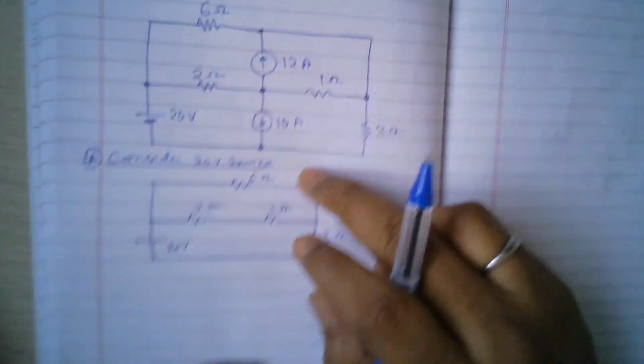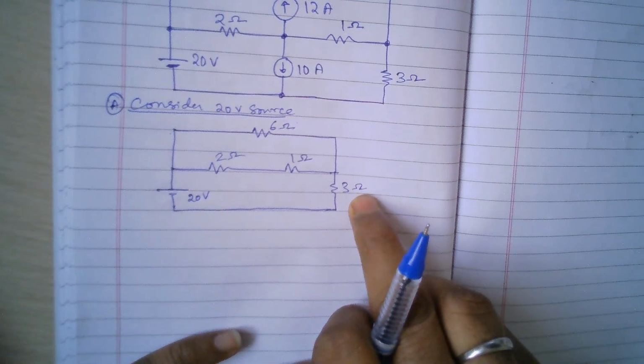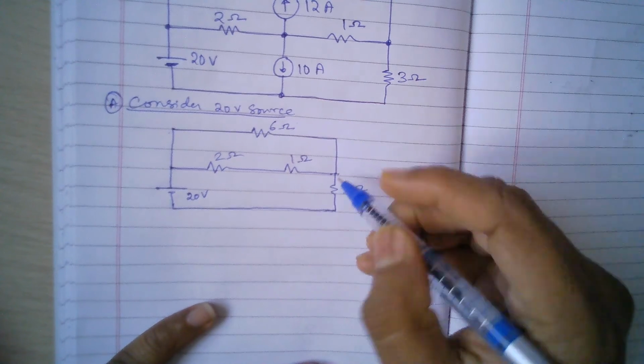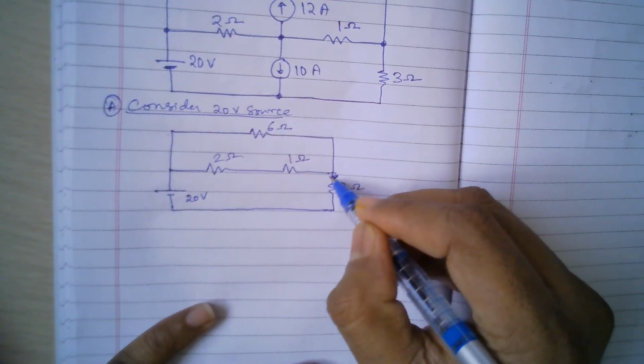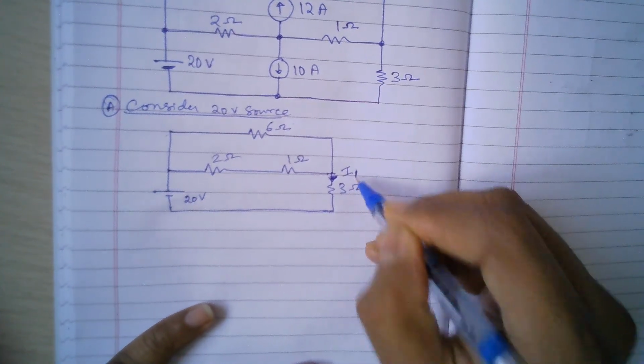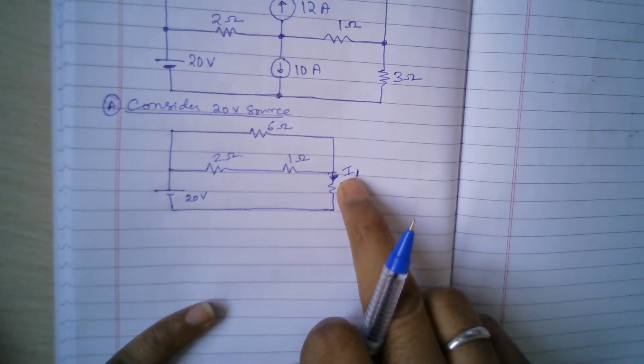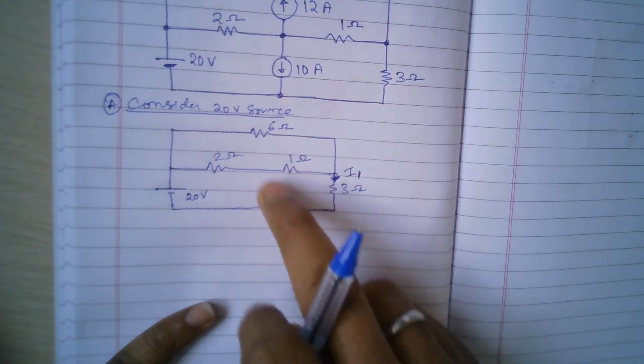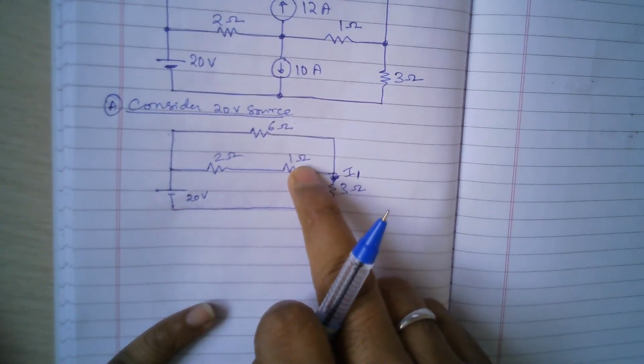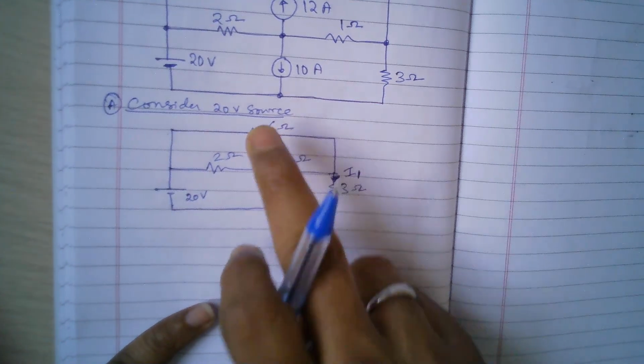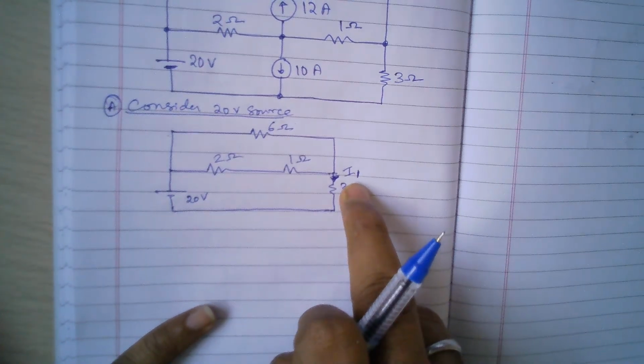So now I need to find the current in the 3 ohms resistance. One thing, the direction of the current is downwards here. Okay, so let us denote this as I1. So what is I1? For that I need to find the effective resistance. So 2 plus 1 is in series, that is in parallel with 6, and that overall thing is in series with 3.